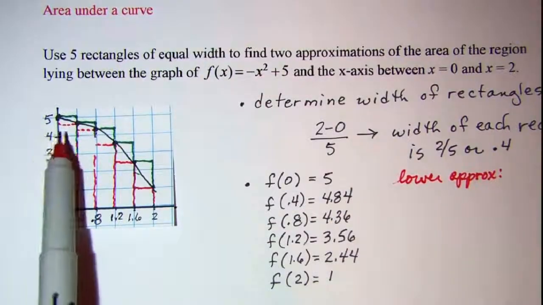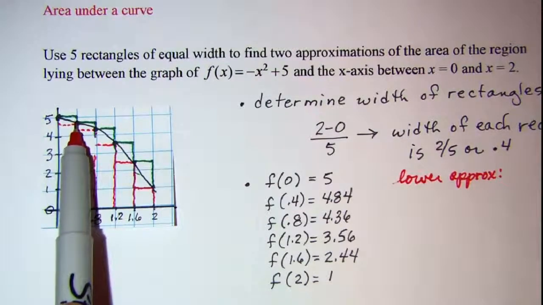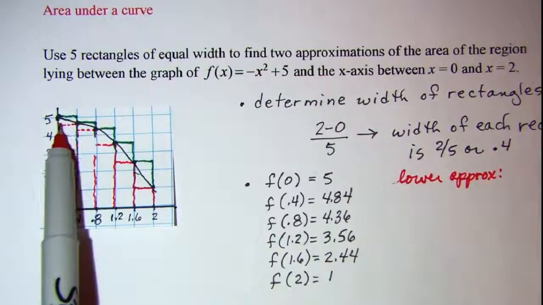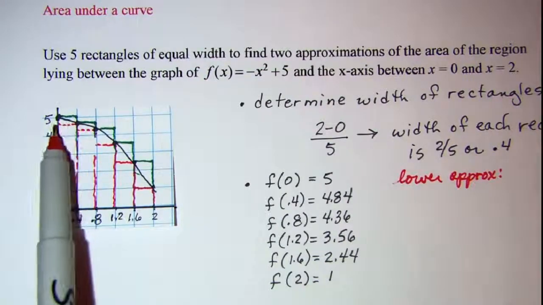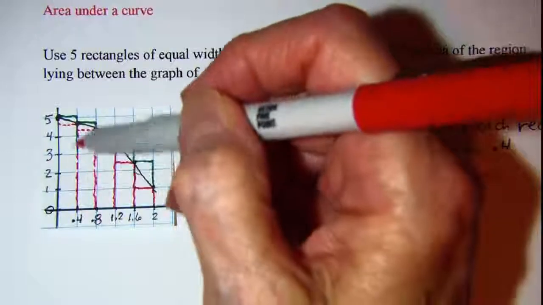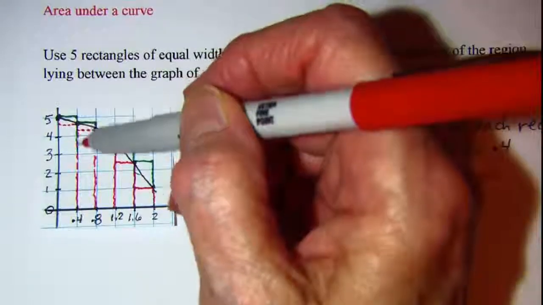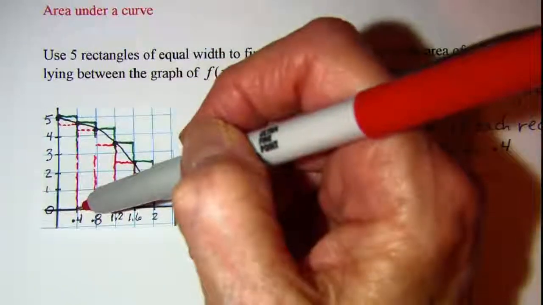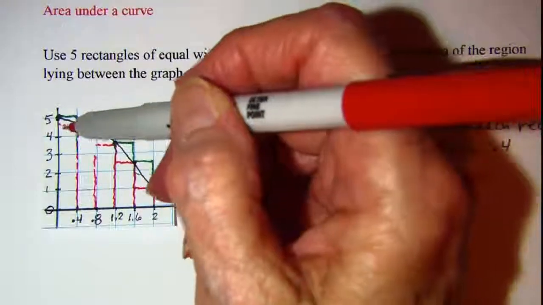Our lower one is going to be, this is our top of our rectangle. So we're actually finding the y value when x is 0.4 for the top of the red rectangle.